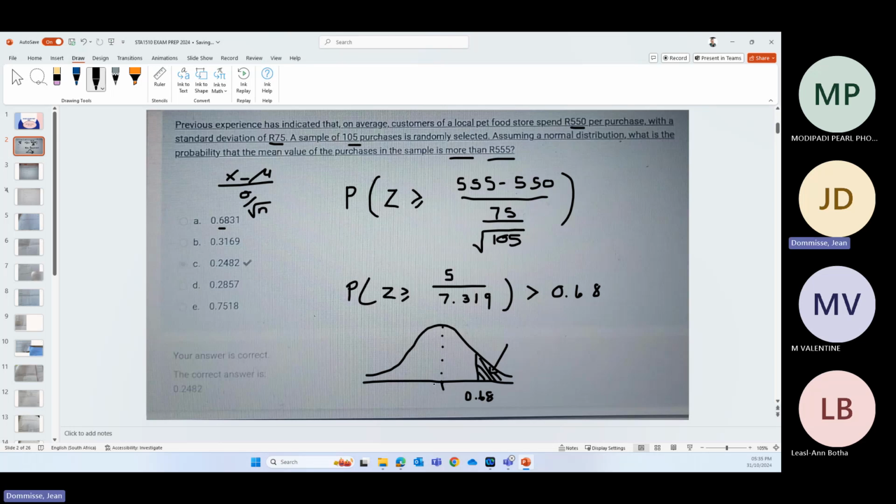If I look at just quick answers, if that is 0.5 for this area, we know that this area will be less than 0.5. So already we can eliminate A and E. So let's go to the Z table, minus 0.68, to get the smallest side on the left-hand side.